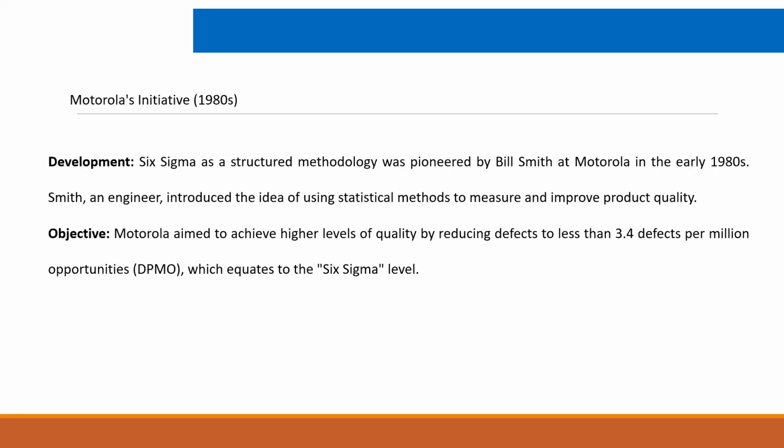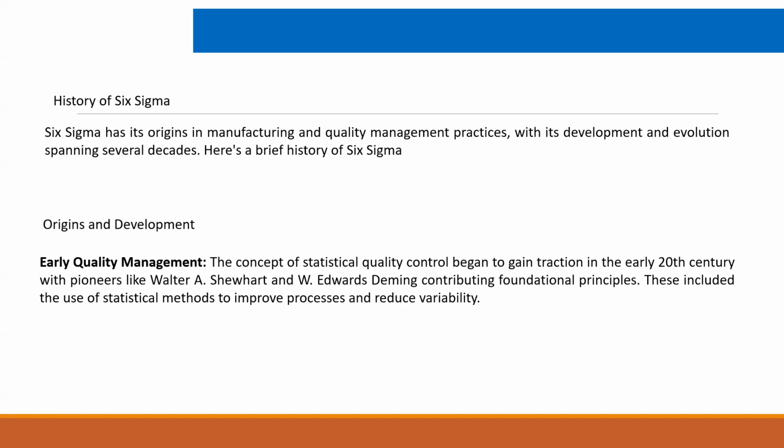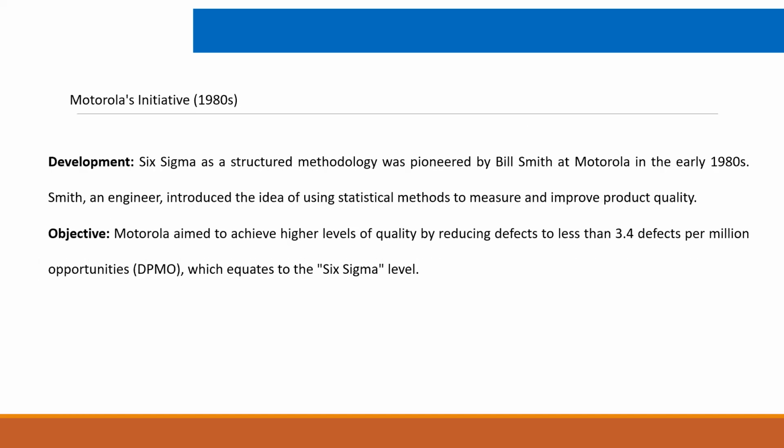Now, how Motorola took the initiative. As we are discussing the history, how can we leave out Motorola? Motorola is the first who did this. Six Sigma as a structured methodology was pioneered by Bill Smith at Motorola in the early 1980s. He was an engineer and he introduced the idea of using statistical methodology to improve product quality.